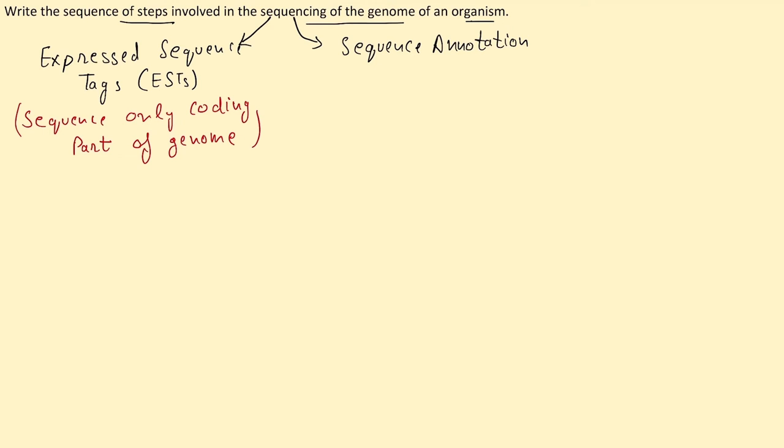The coding part of the genome means exons, and this takes place through expressed sequence tags, while in sequence annotation, the whole genome goes into the process of sequencing.